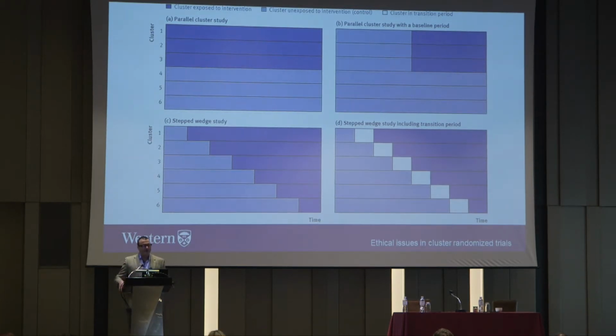There's another subset of cluster randomized trials called stepped wedge studies that will be the focus of the second theme's discussion. And in stepped wedge studies, these are really studies of rollouts of interventions where all the clusters begin on the control condition and then are randomly allocated to switch to the intervention condition such that at the end of the study, all clusters are receiving the intervention.